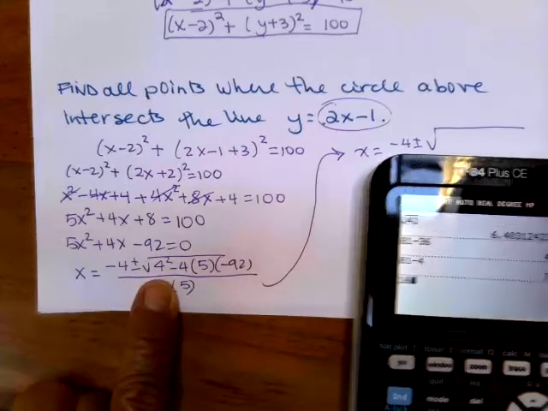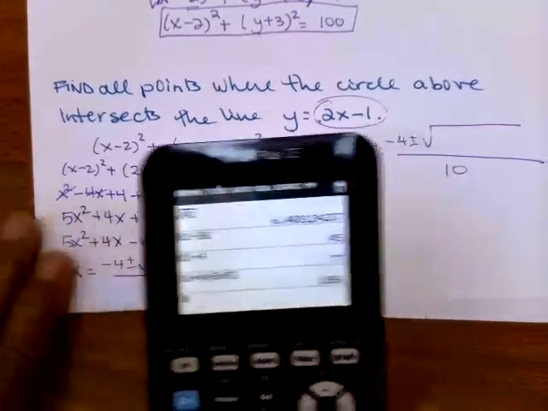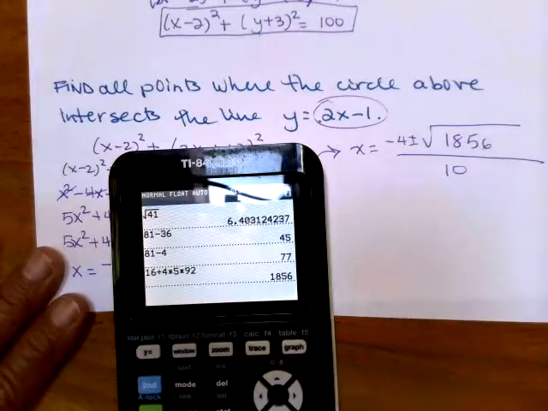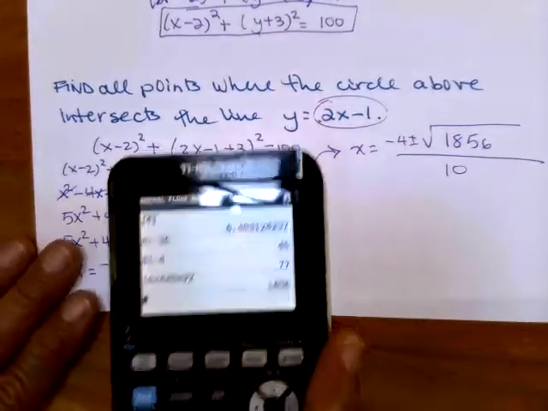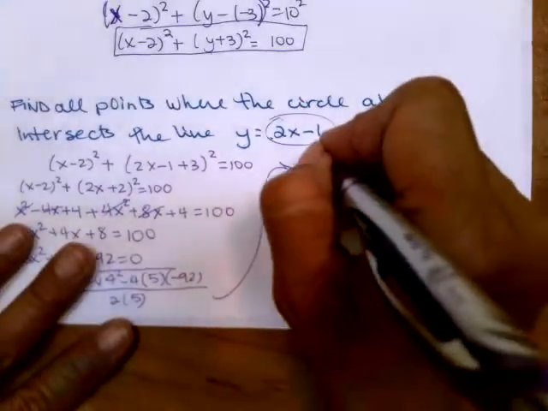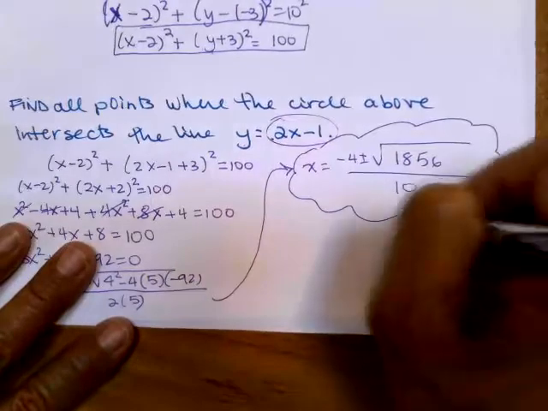So plus 4 times 5 times 92. Oh, goodness sakes, that's a big one. 1856. Now because I'm kind of going long on our video here, I'm going to go ahead and stop there. I'm sure that that has a nicer value.